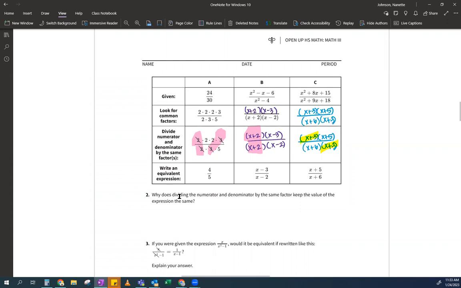All right. So it says, why does dividing the numerator and denominator by the same factor keep the value of the expression the same? What do you guys think about this? Remember when we were talking about having you guys step up your game?